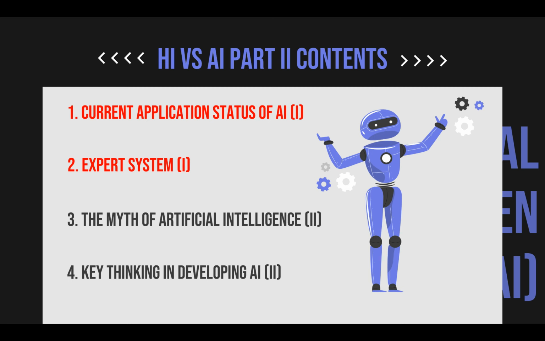And for this part we have 4 sections. Section 1 is about the current application status of AI and expert system, and that will be the first part of the HI versus AI part 2.